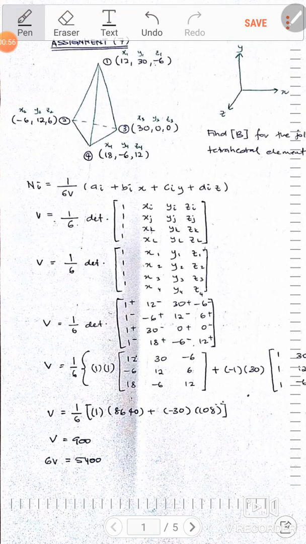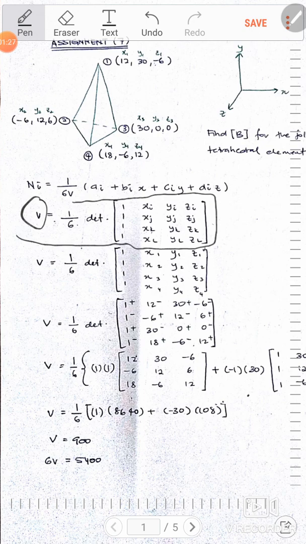Actually, first, because we have a 3D element, that means we deal with an element with volume. So the general rule is 1/6 of the determinant with these values.